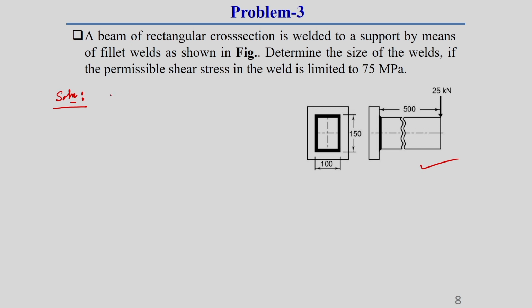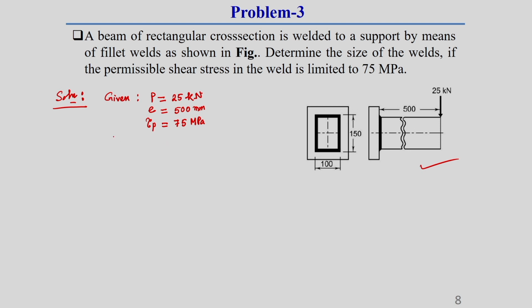So, here the given data is: applied force P equal to 25 kilonewton, eccentric distance is given as 500 millimeter, and permissible shear stress given as 75 MPa.